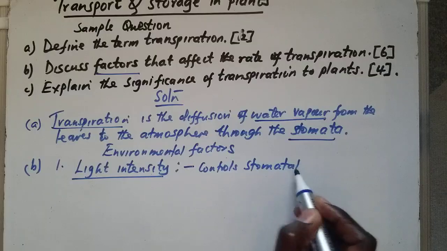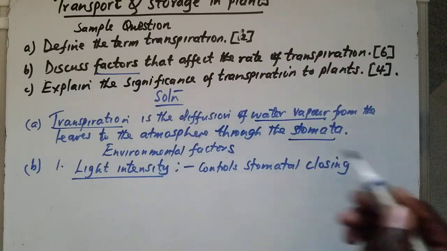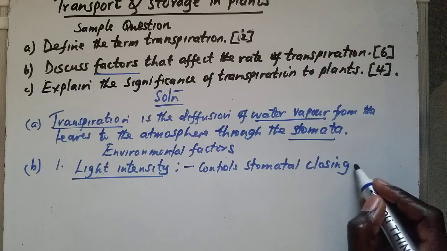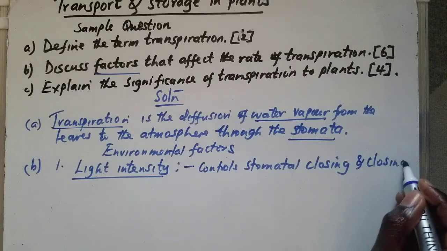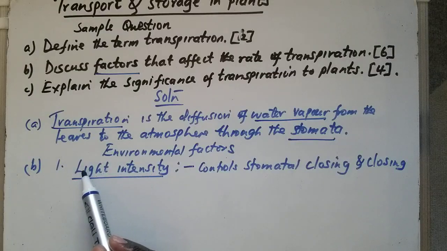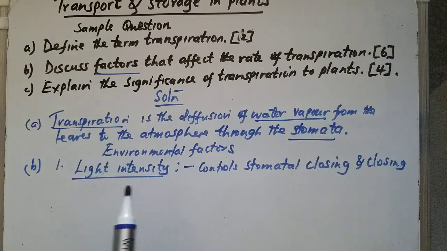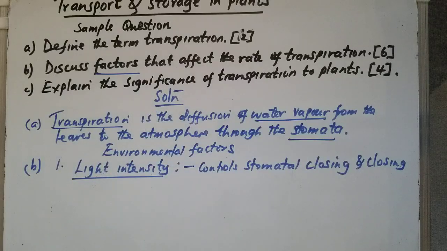stomatal closing and opening. That is basically the idea about it. So if the light intensity increases, it simply means that it will lead to a high rate of transpiration, or water vapor being lost.